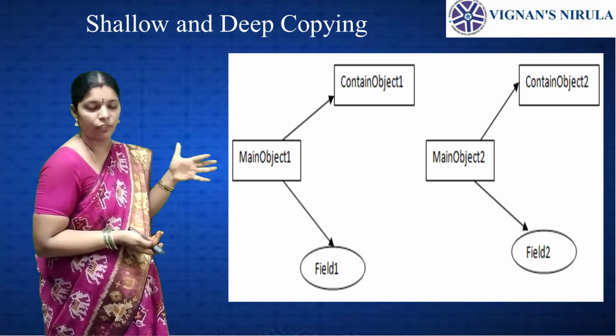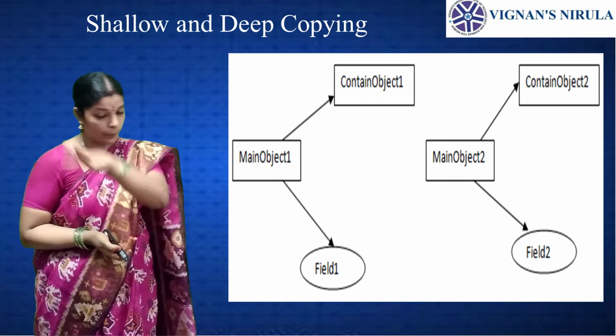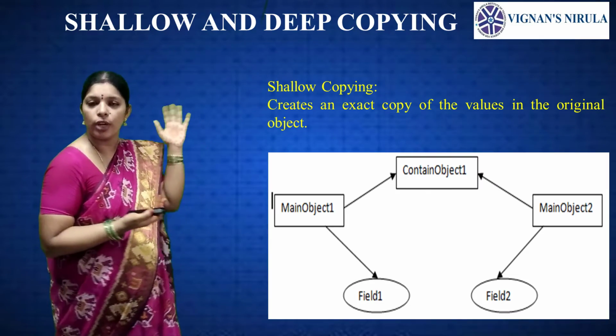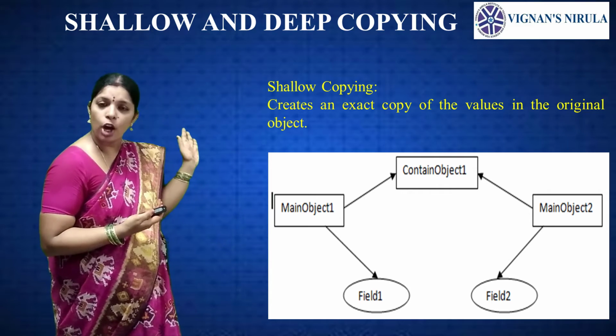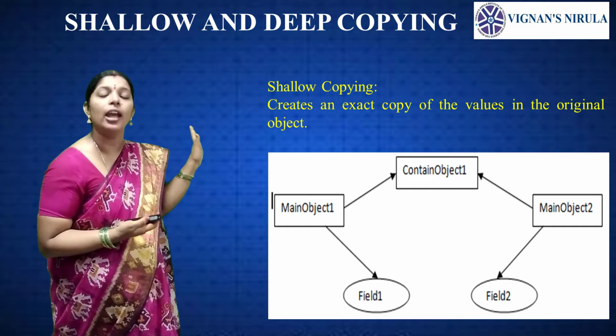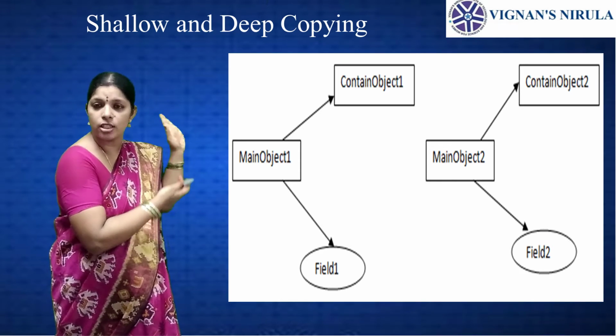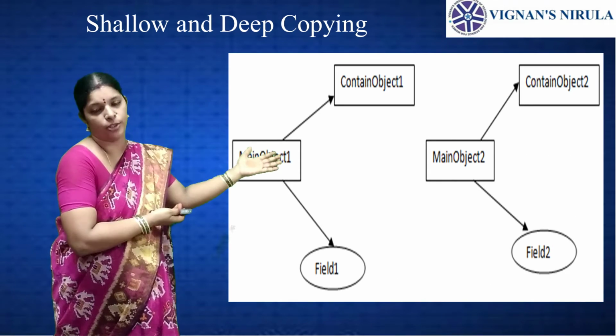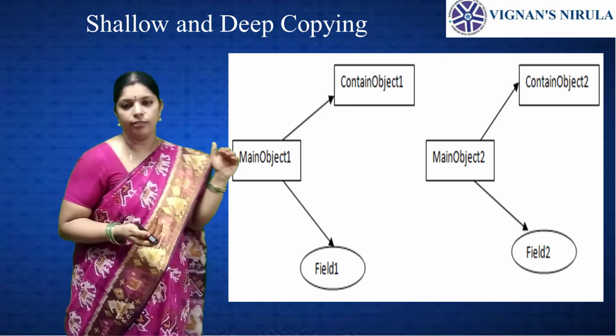This is the difference between shallow copy and deep copy. If we change one object and it is reflected in the other object, that is shallow copy. If one object's change does not reflect in the other object, that is deep copy.